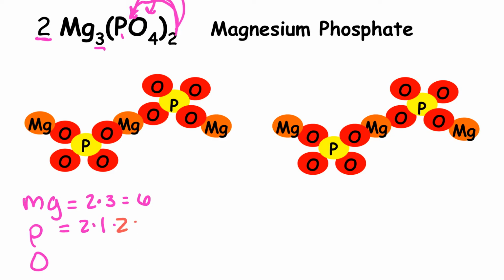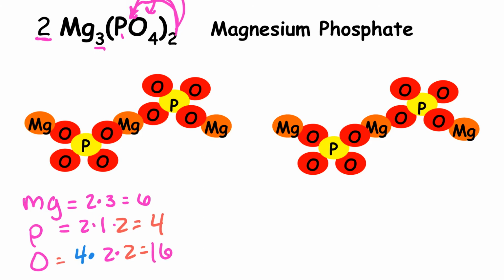So times 2 is equal to 4 total phosphorus. For oxygen, we have to distribute that 2, but we started with 4 times 2, and then we multiply it again by the coefficient of 2. So 4 times 2 is 8, times 2 is a total of 16 oxygen atoms.